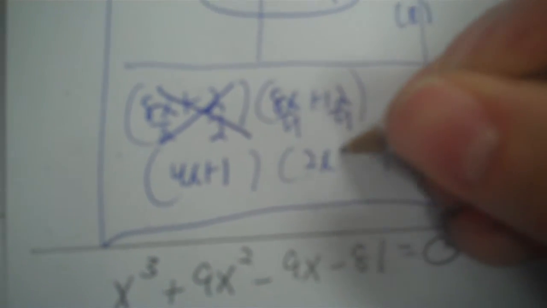So that's 4x plus 1. 8 and 12, that's not in simplest form either. Nope. 8 and 12 are in the fourth row. 2x plus 3. That's all the factors I have. I put that equal to 0 and I solve it.